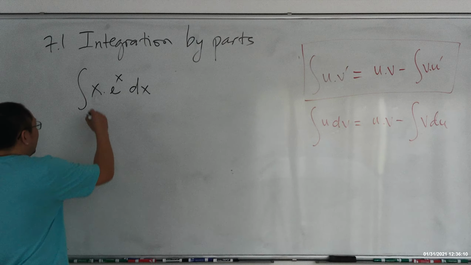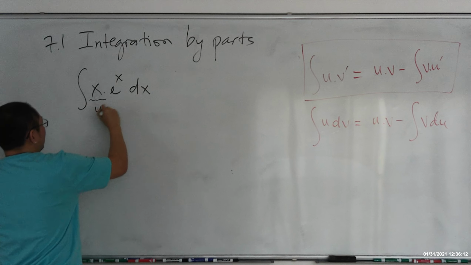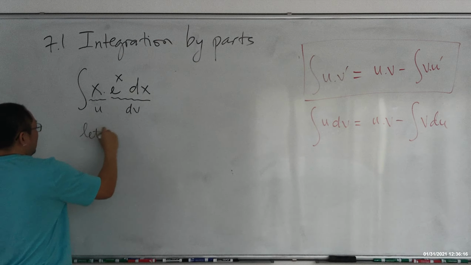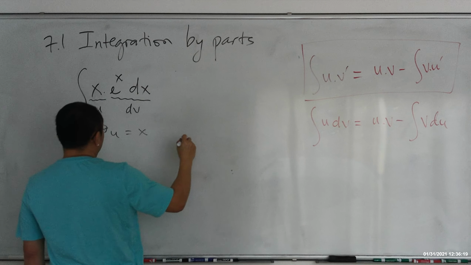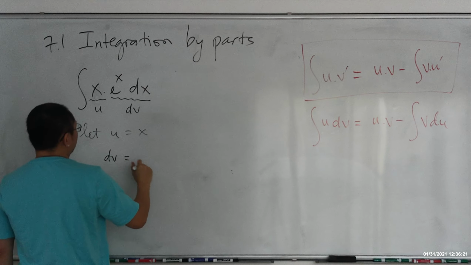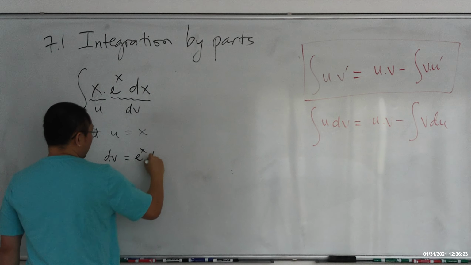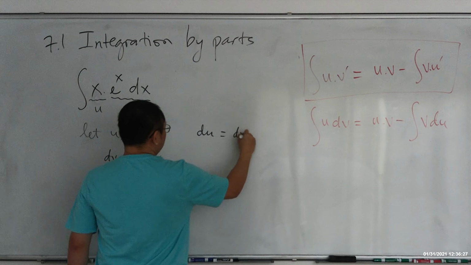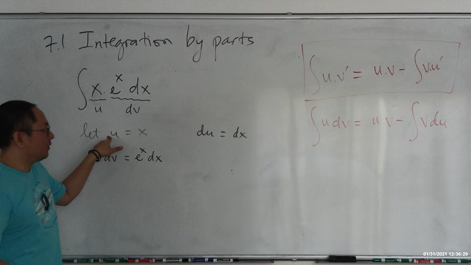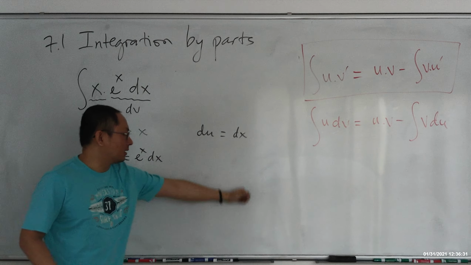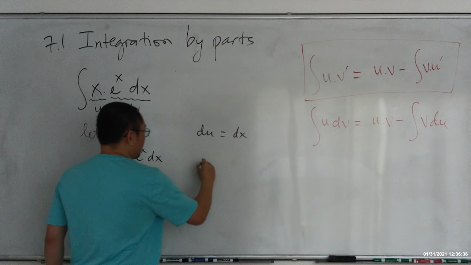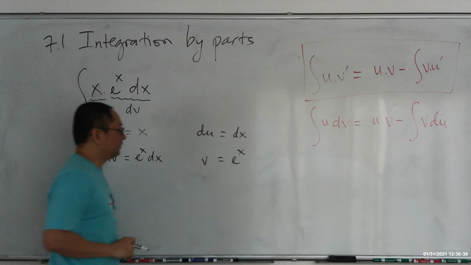So if I think of this one as u, this one as my dv, then I let u equal x, I let dv equal e to the x dx, then my du will be dx. Take the derivative of both sides: derivative of u, so du, derivative of x is dx. And then derivative of v is e to the x, so v is e to the x.